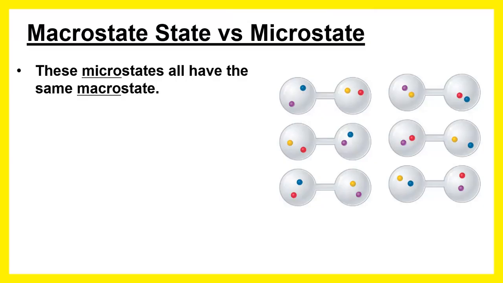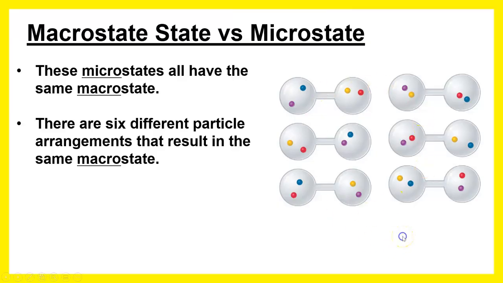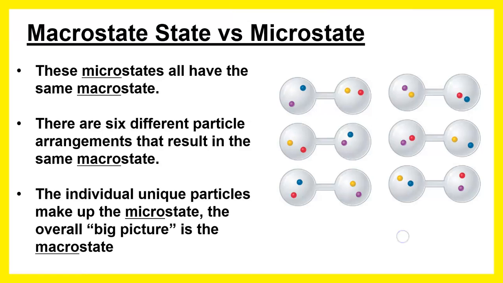No matter what, each arrangement has 2 dots on the left and 2 dots on the right. They are equivalent, right? But when you look more closely, can you see how the colors of the dots are different in each picture? So even though these all have the same macro state, they all have slightly different microstates.